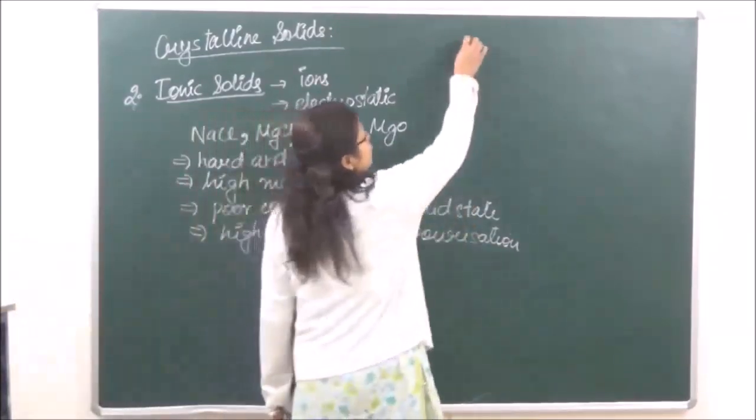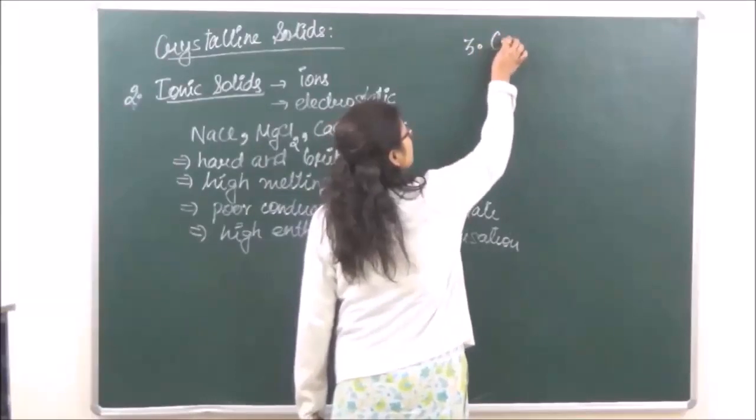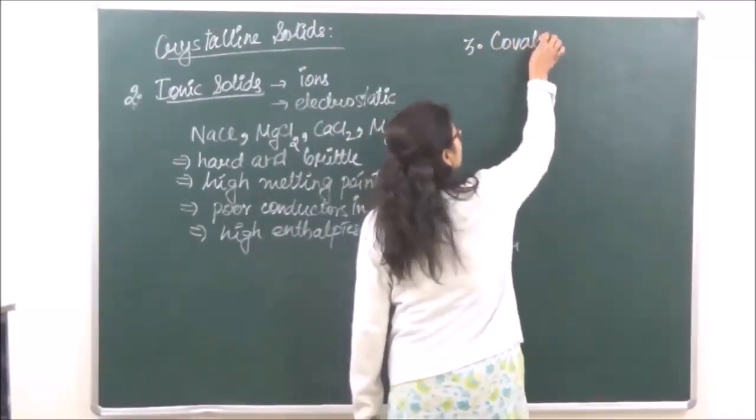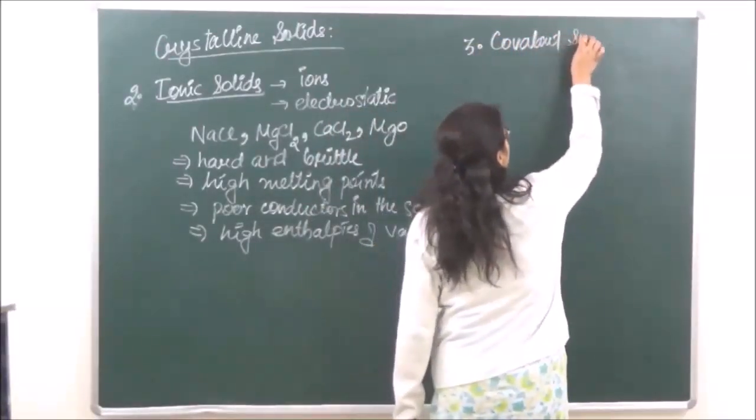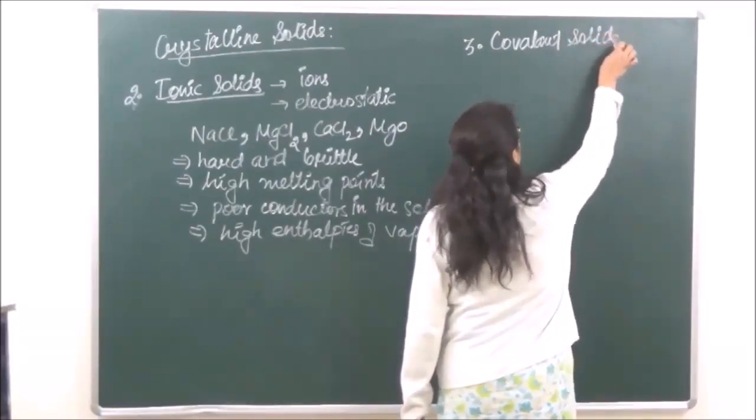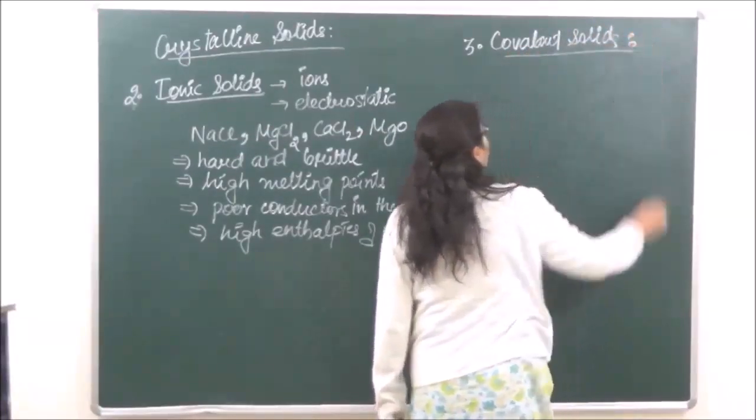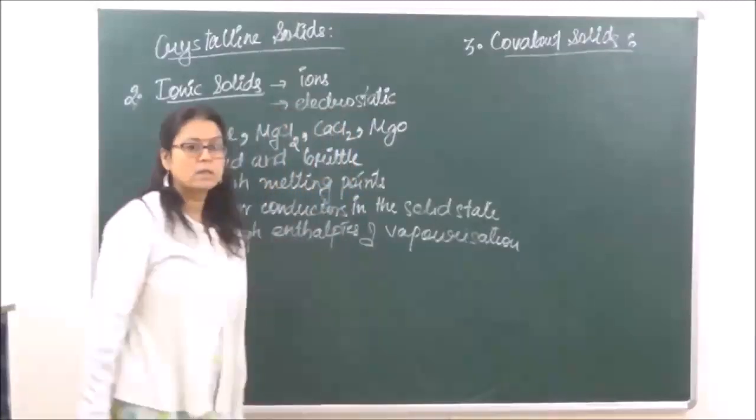Then the third type of solids is covalent solids.